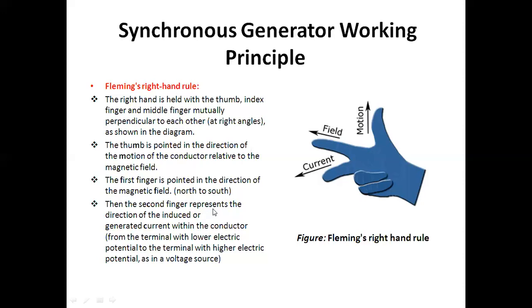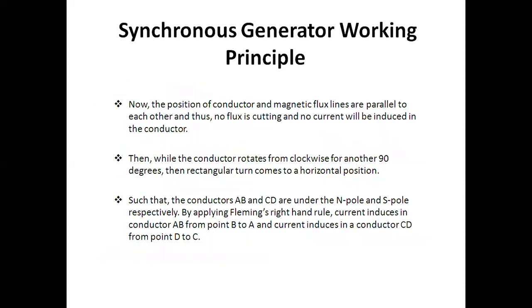Then the second finger represents the direction of induced or generated current within the conductor, from the terminal with lower electric potential to the terminal with higher electric potential, as in a voltage source. This is known as Fleming's right-hand rule.